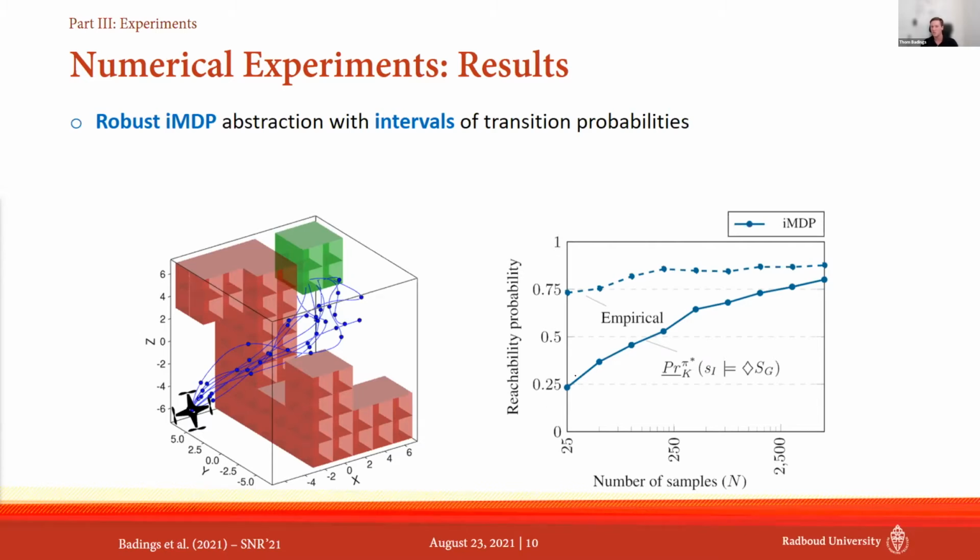But what's even more important, I think, is this plot on the right, because it shows, as the solid blue line, the reachability guarantee obtained from solving the abstract interval MDP, while the dashed line shows the empirical performance under the corresponding controller on the dynamical system. So this is really the simulated performance. And what we wanted to obtain in the end is that this solid line is a lower bound on the dashed line, meaning that we have a lower bound on the reachability guarantee a priori.